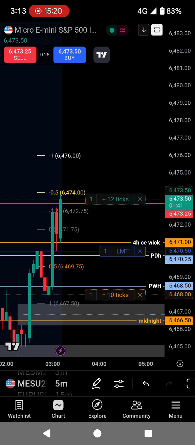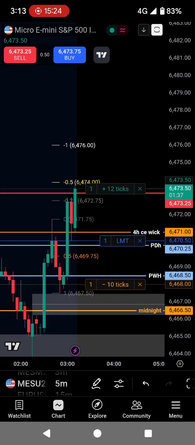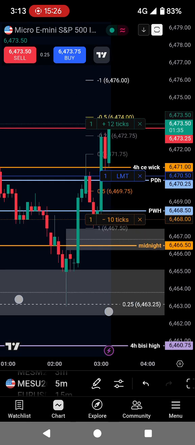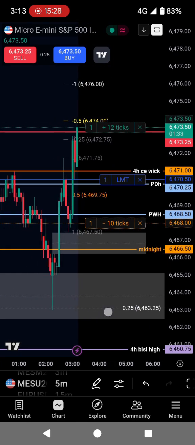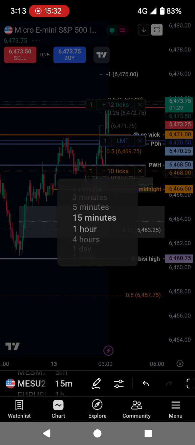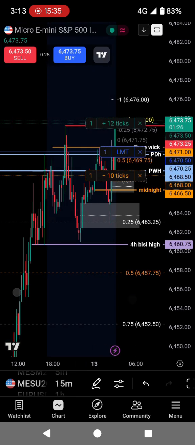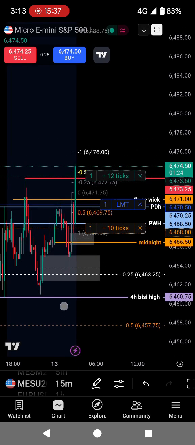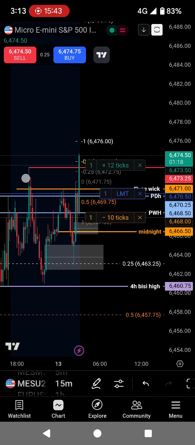Okay, we cleared the buy side. Now we are allowed to retrace back into it. And usually if you see here super clean sell side. Yeah, now that we cleared buy side, the one feeling safe is the sell side here.